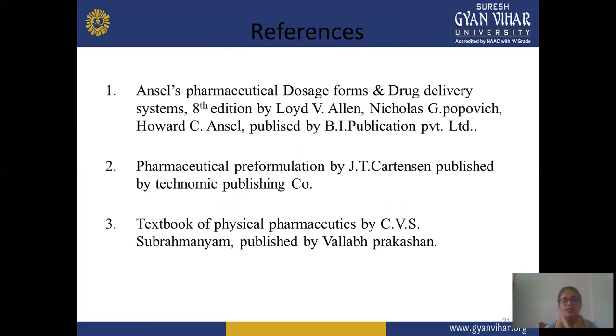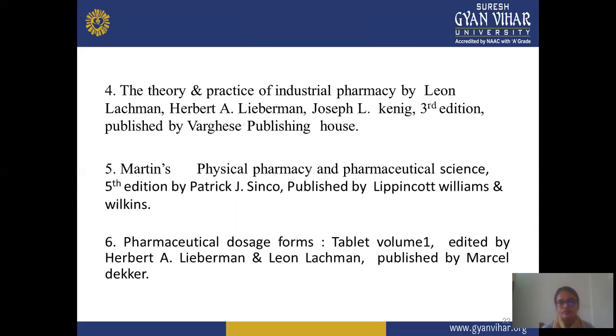Next is the reference part. In reference, first is Ansel's Pharmaceutical Dosage Forms and Drug Delivery Systems, 8th edition, by Loyd V. Allen, Nicholas G. Popovich, and Howard C. Ansel, published by Lippincott Williams and Wilkins. Pharmaceutical Preformulation by J.T. Carstensen, published by Technomic Publishing Co. Next is Textbook of Physical Pharmaceutics by C.V.S. Subramanyam, published by Vallabh. Theory and Practice of Industrial Pharmacy by Leon Lachman, Herbert Lieberman, and Joseph L. Kanig, 3rd edition, published by Varghese Publishing House.